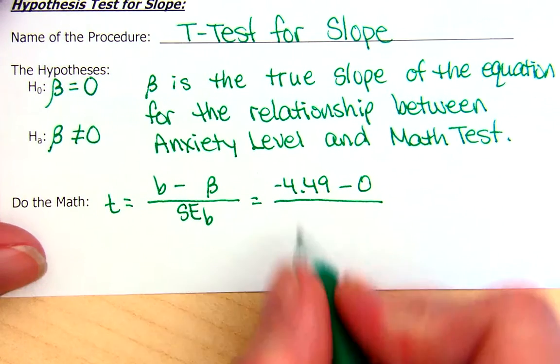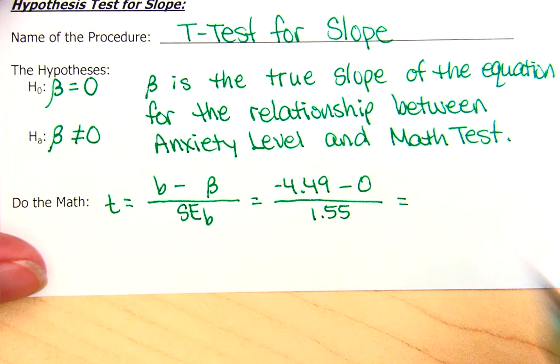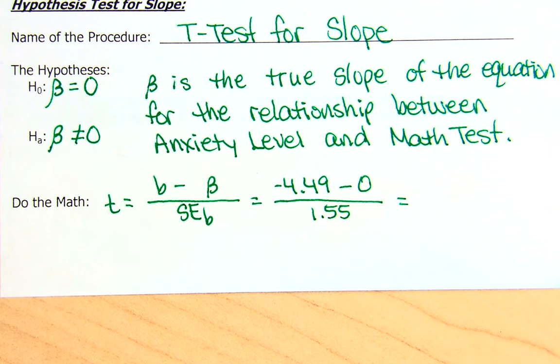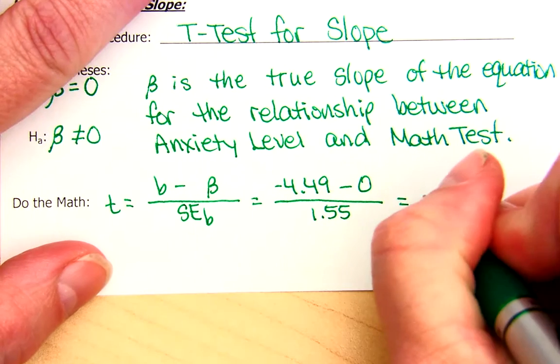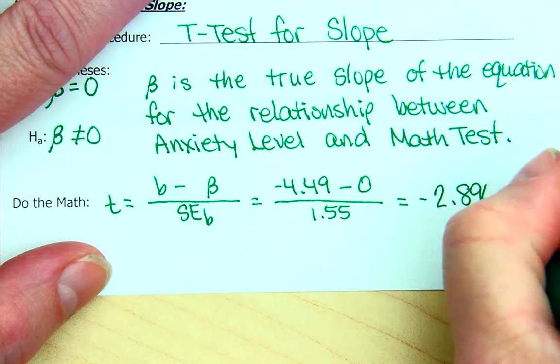Our standard error was 1.55. And so when we compute that, that is our t-test statistic. So when we subtract 0, we just get negative 4.49 on top divided by 1.55. So that gives us negative 2.8968.